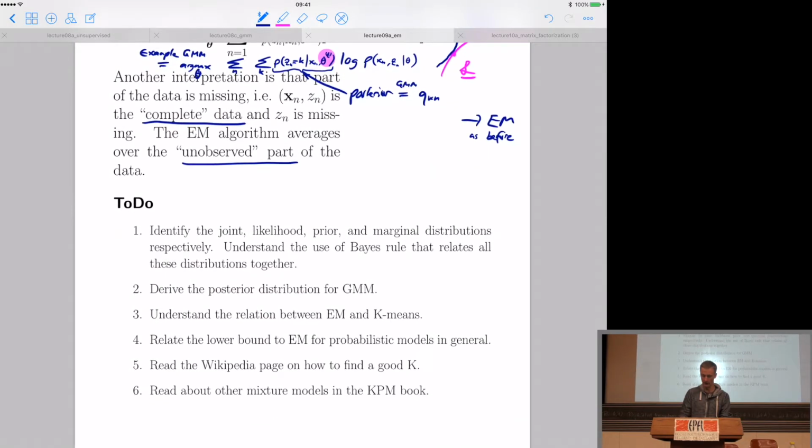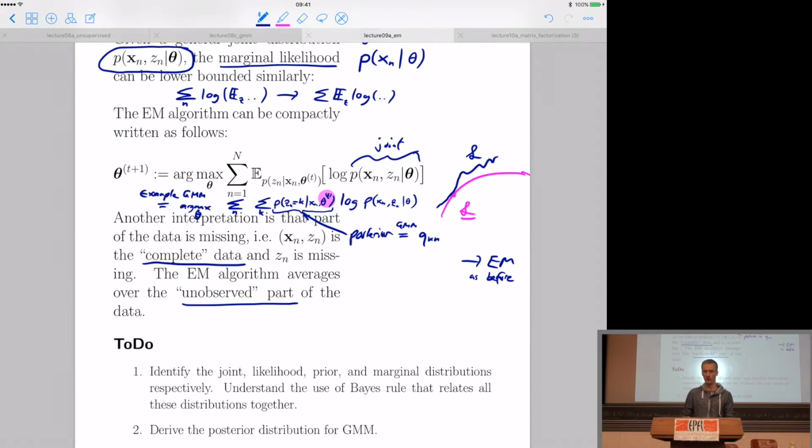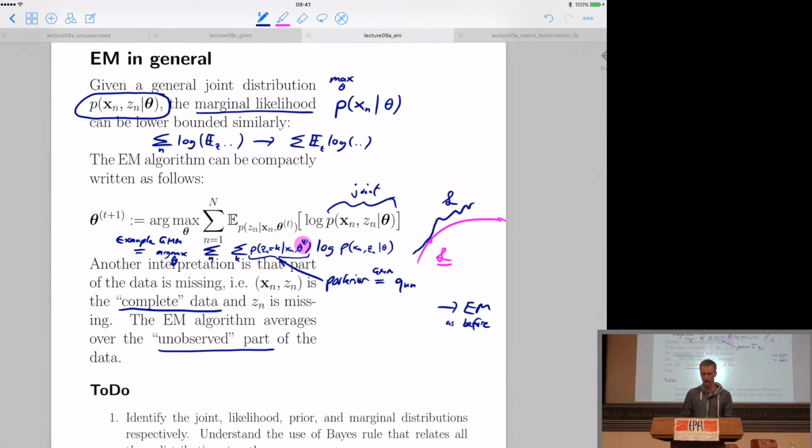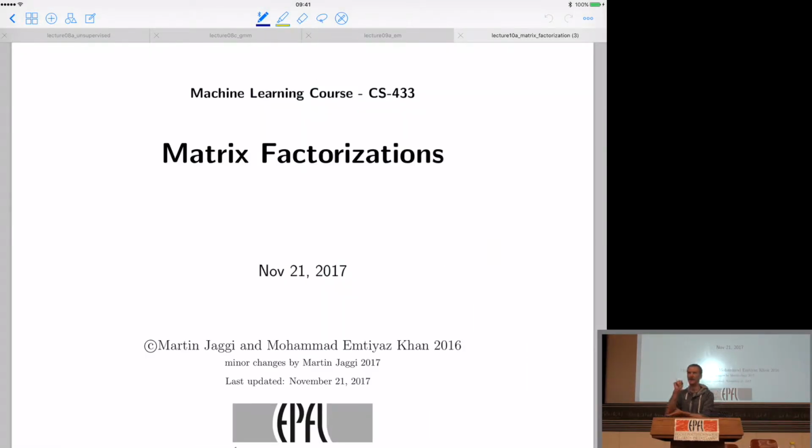And you can recap what these names were for the probabilities, and try to understand why this is the interpretation that we just gave. Why does it make sense to run this algorithm from a probabilistic perspective? Okay, we're done with EM. I'm happy about that. Any questions?